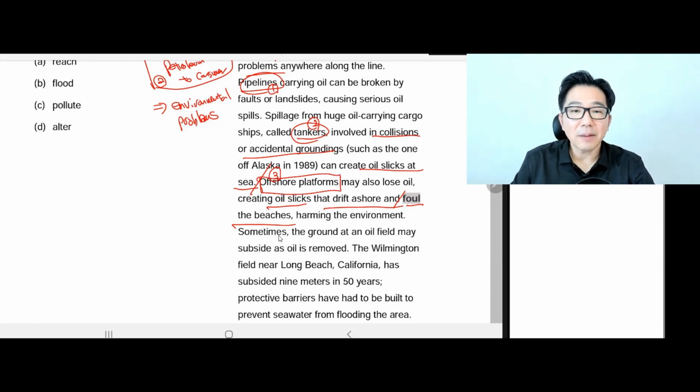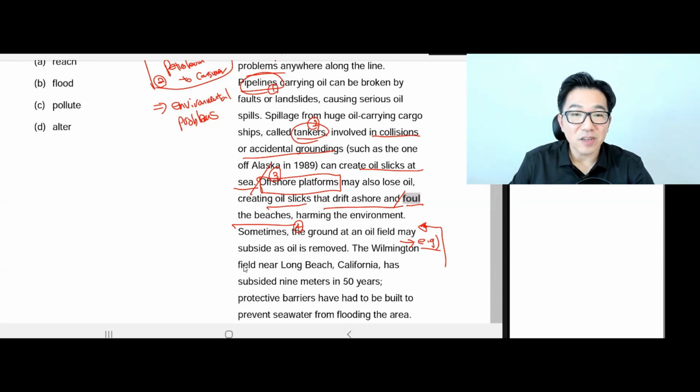Okay. Sometimes, maybe the fourth example, the ground at an oil field may subside as oil is removed. Fourth example. Okay. The Wilmington field, so this is maybe an actual example of the ground at an oil field subsiding as oil is removed.